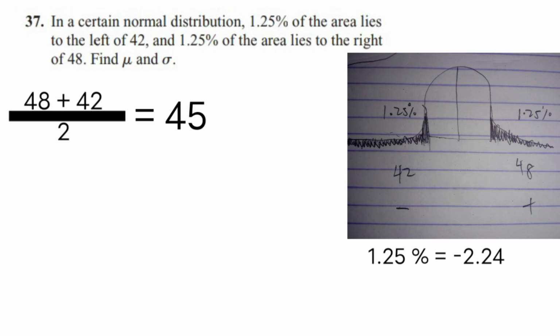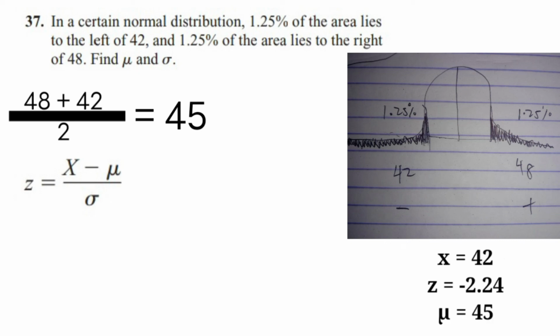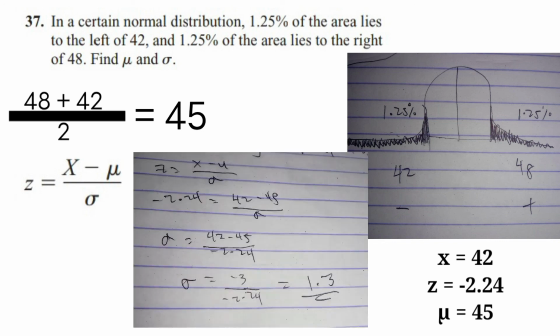So we can now look for the value of the standard deviation. In this situation, we will use the formula z is equal to x minus mean divided by standard deviation, where x is equal to 42. So we will substitute the given values. So we will have negative 2.24 is equal to 42 minus 45, which is the mean, divided by standard deviation.